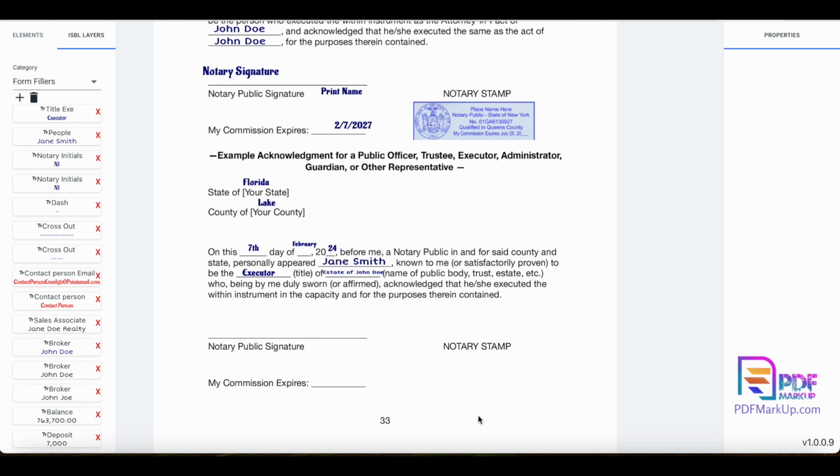For a public officer, trustee, executor, administrator, guardian, or other representative, the acknowledgement must identify the representative's title or role, the entity or individual they represent, and confirm that they are executing the document for the purpose described in their official capacity. Remember, the official capacity is the role that they're playing. These acknowledgments ensure that the signatory's identity, authority, and understanding of the document's purpose are formally recognized and documented by a notary public, providing legal assurance of the document's execution.